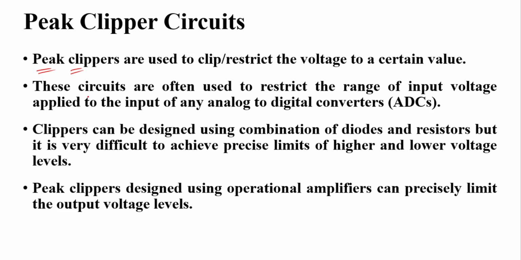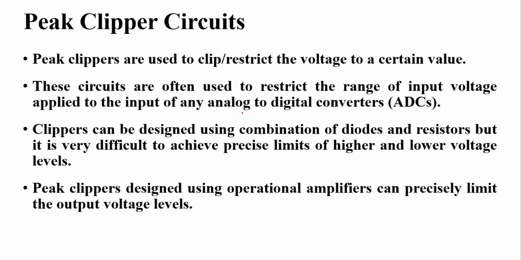These restricted input voltages are a big issue for certain circuits or devices like analog to digital converters, because in these devices we have to limit the input voltage to a certain level. Otherwise, if we apply a higher voltage to the input of these devices, they might burn or get damaged.